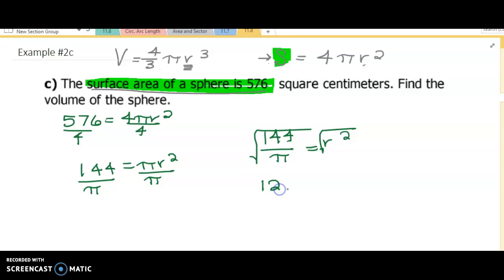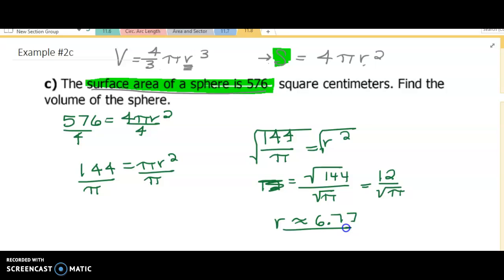So this is the same thing as square root of 144 over square root of pi. 144 is 12 over square root of pi. I'm just going to go ahead and put that in my calculator, guys. And I get that the radius is roughly 6.77.